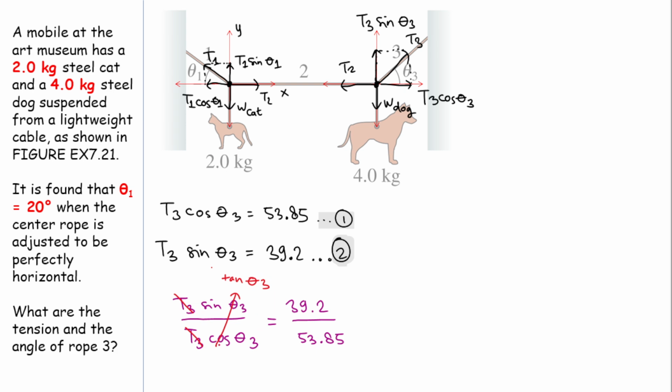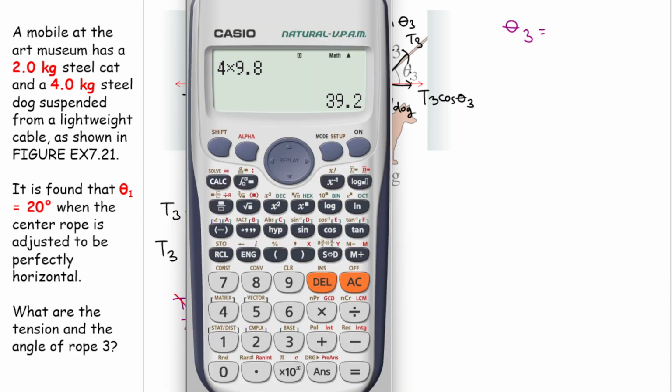So we can isolate theta 3 here. I can find theta 3 with inverse tangent. So I'll have tan inverse of 39.2 divided by 53.85. The only way to calculate this is to plug that into a calculator and we will get our theta 3.